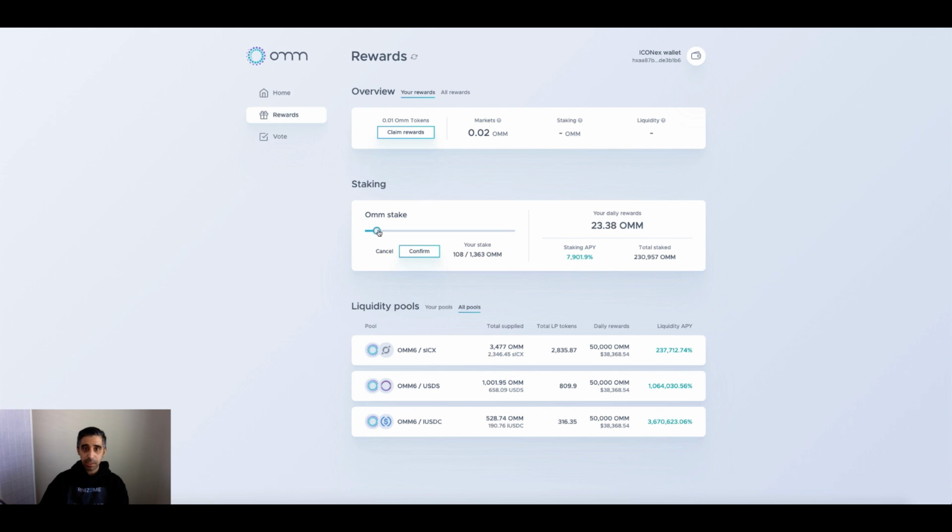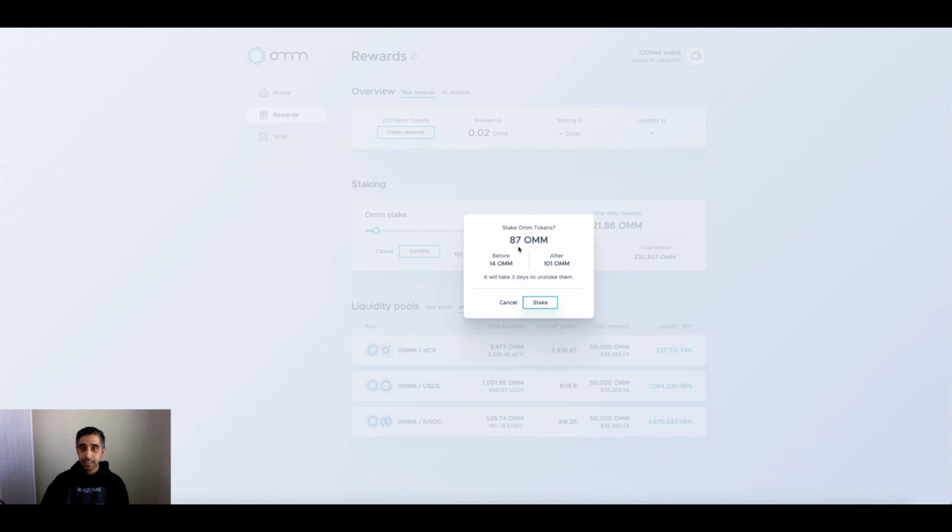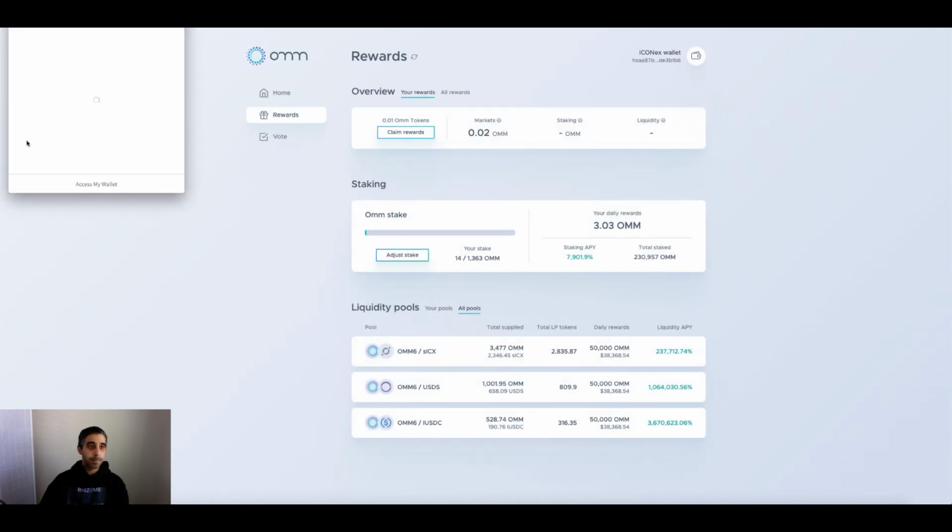So I'll put 100, hit confirm. You can see, as always, even with balance, there's 3 days to unstake, so always remember that. Great, so you can see it's gone up, daily rewards, and I can keep checking back and slowly keep claiming.